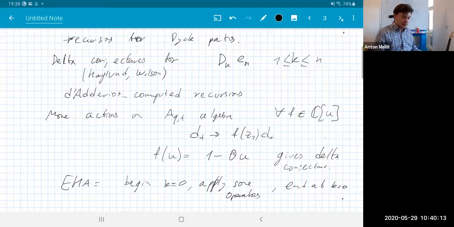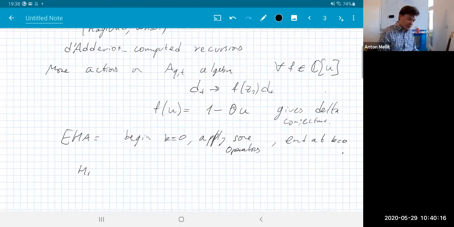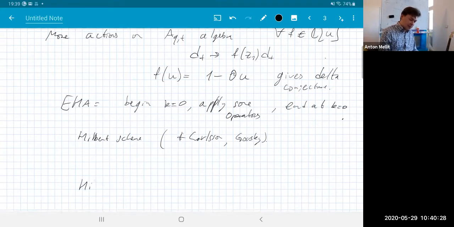And all this also occurs on the Hilbert scheme, with Carlsson and Gorsky. We have Nakajima operators.